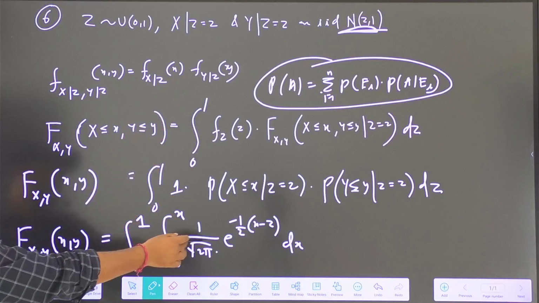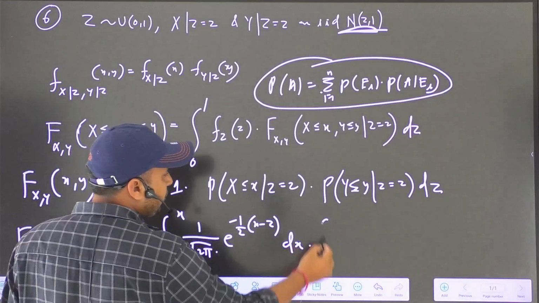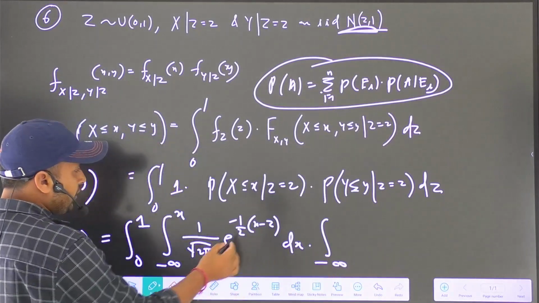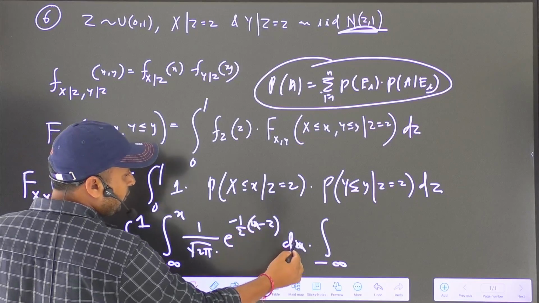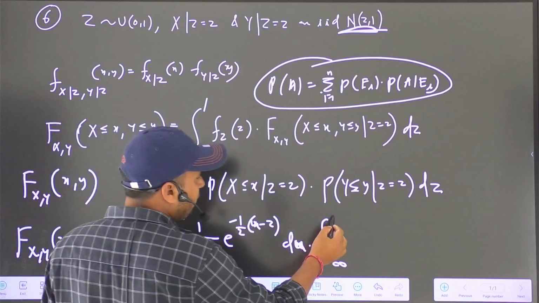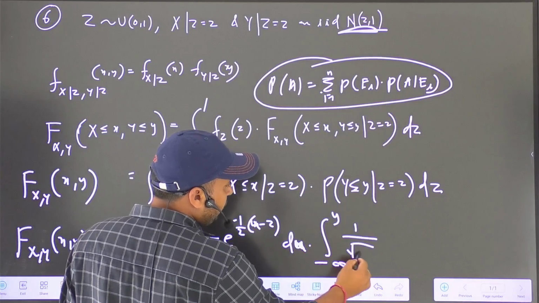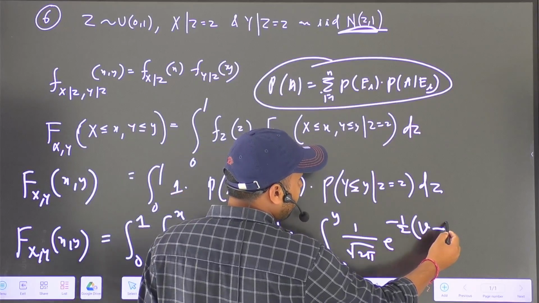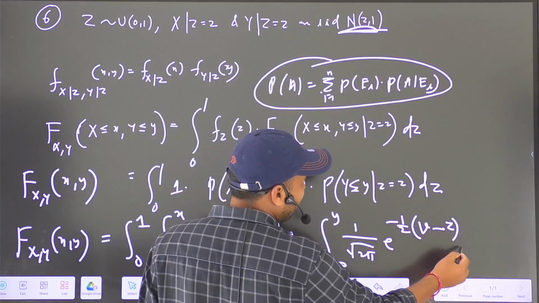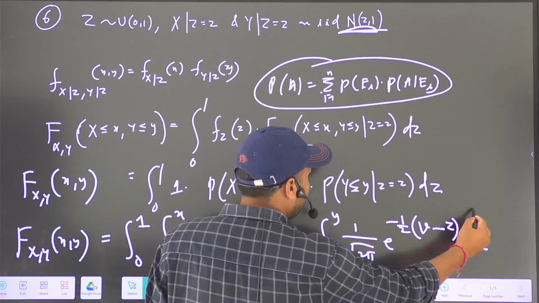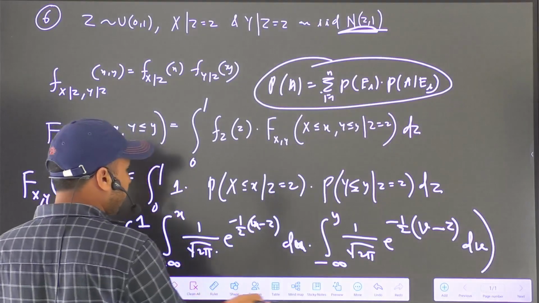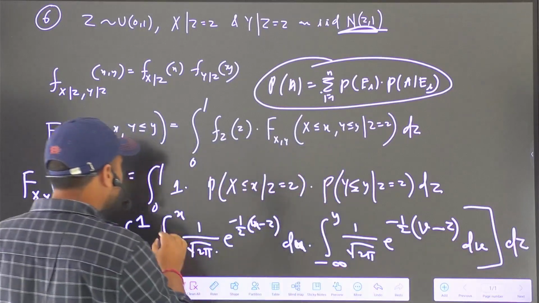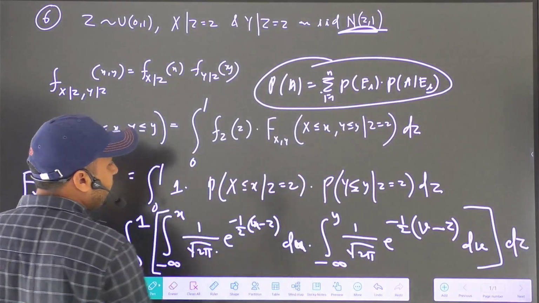PDF of normal(z, 1), and into minus infinity to u, or instead of x you can take some u if you want, and 1 by root under 2 pi e raised to the power minus half (v minus z) dv, and now after all we will have dz. So this is the thing you need to solve.